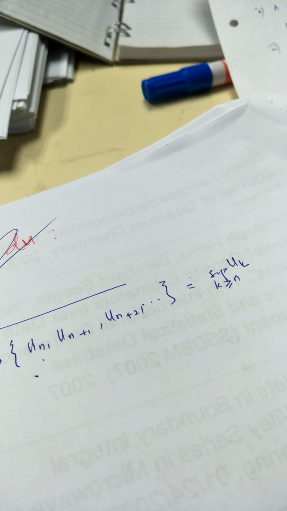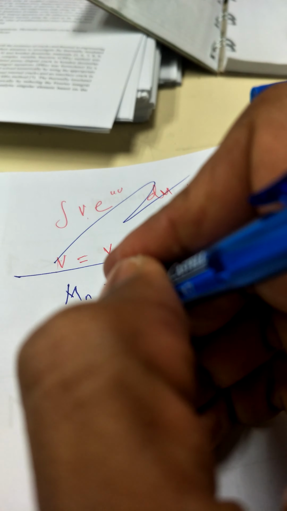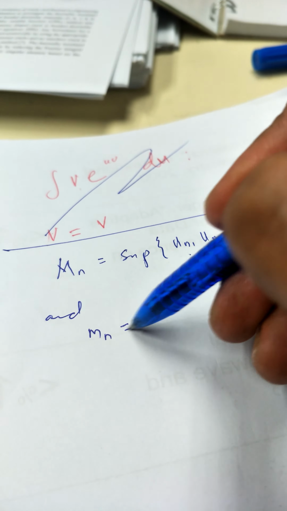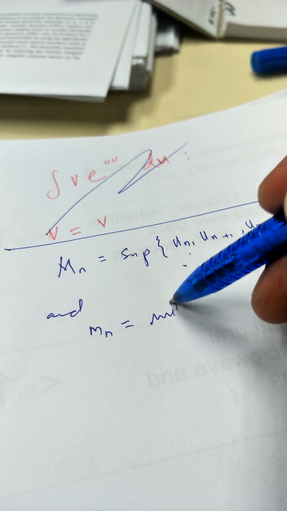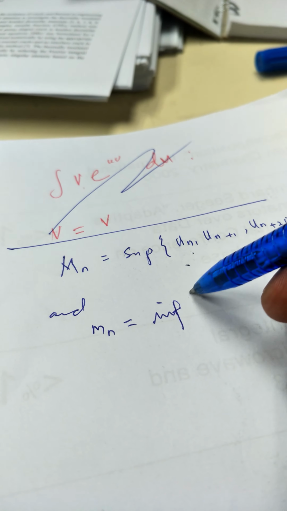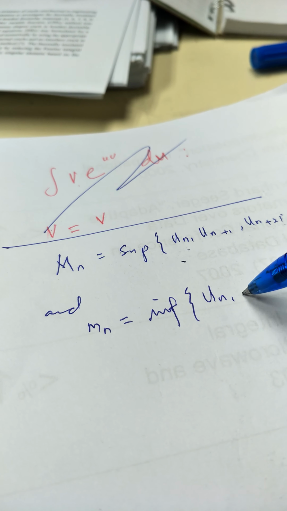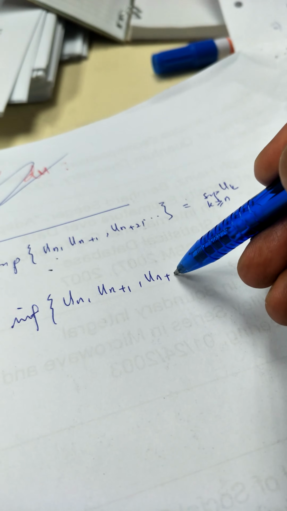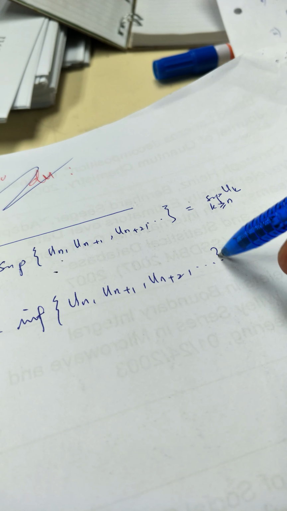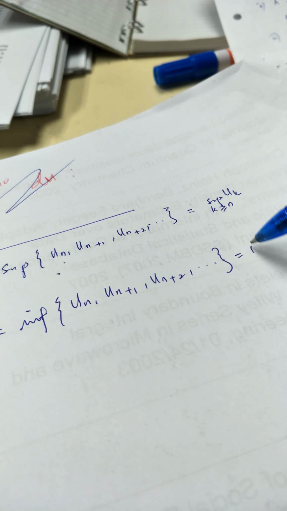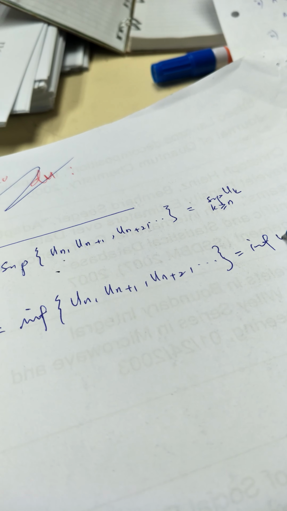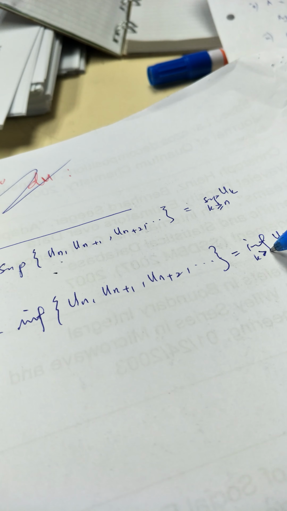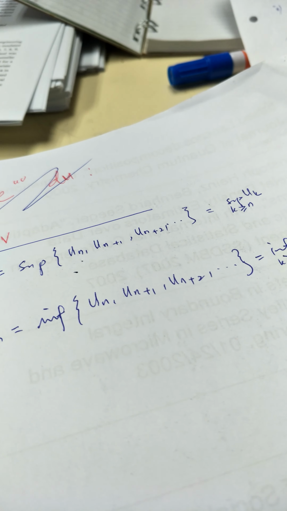And we define m_n, small m_n, as the infimum of u_{n+1}, u_{n+2}, and so on, which is the infimum of u_k for k greater than or equal to n.